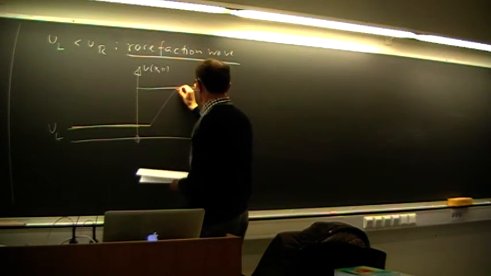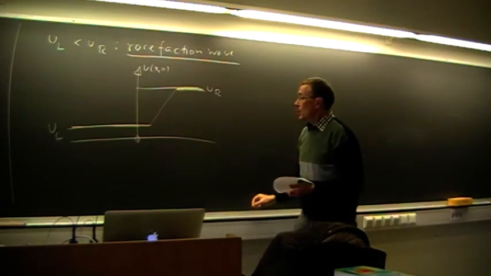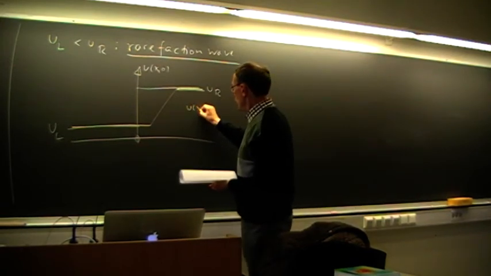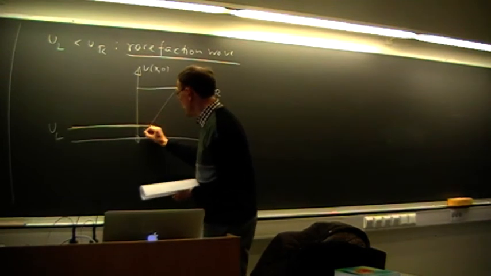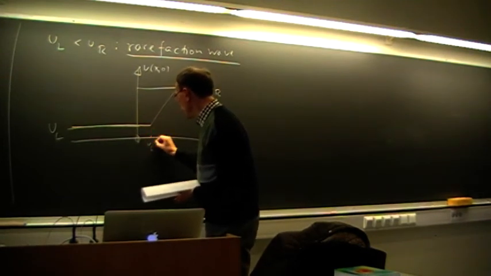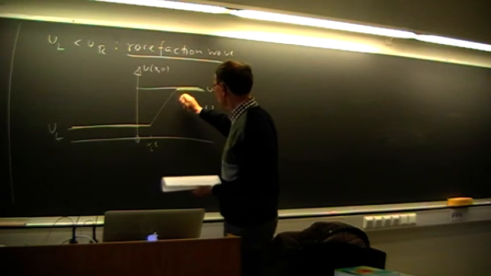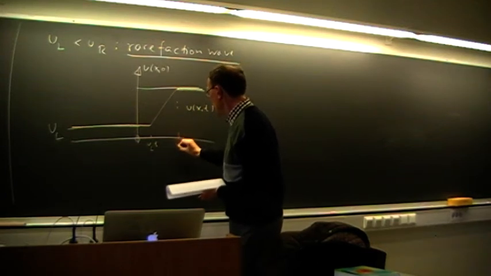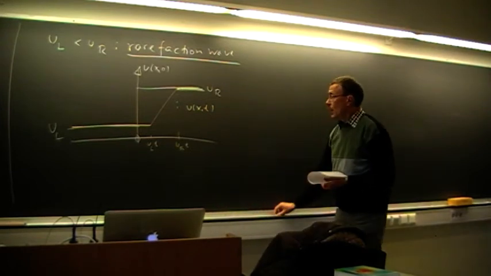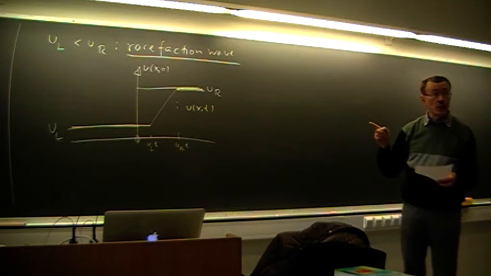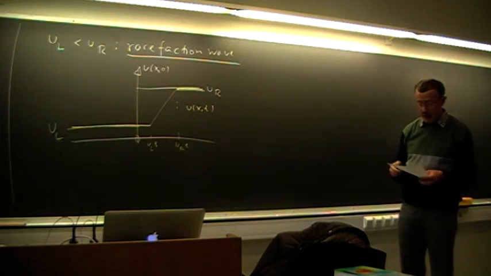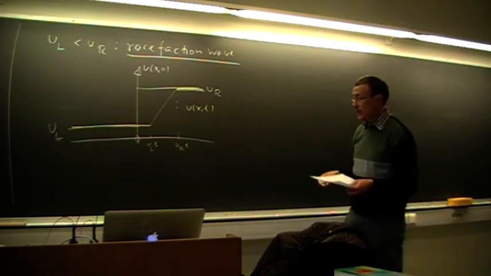So this is the solution u(x,t). The distance traveled would be u_L t from 0 there, and the distance here would be u_R t. And we argued that if we would assume that we had a shock here, it would violate the Lax entropy condition.